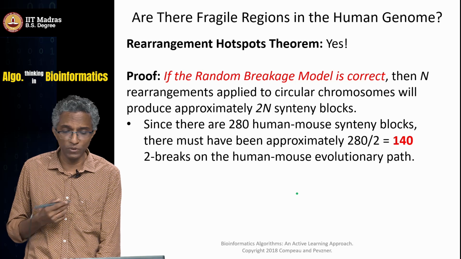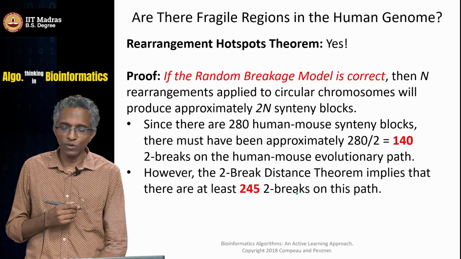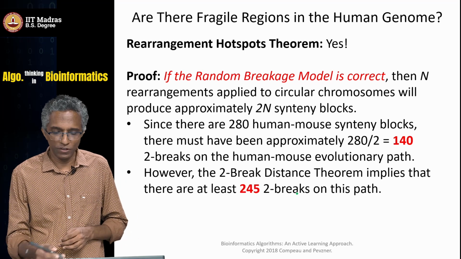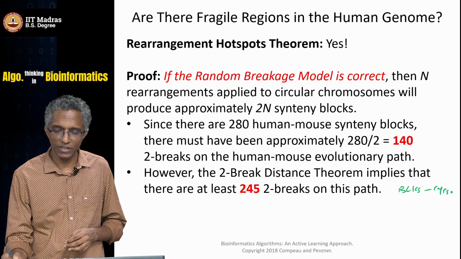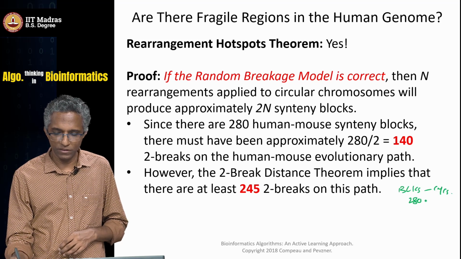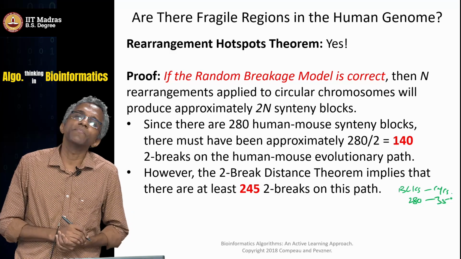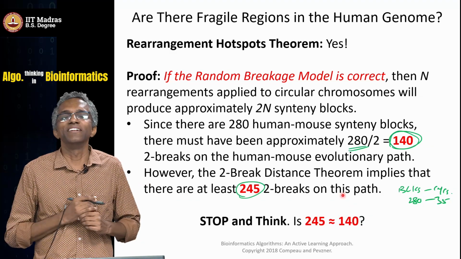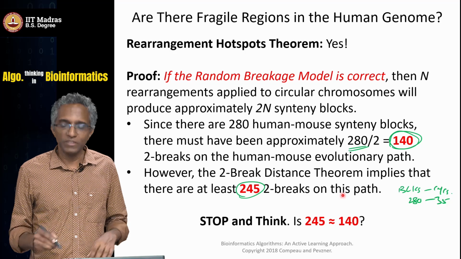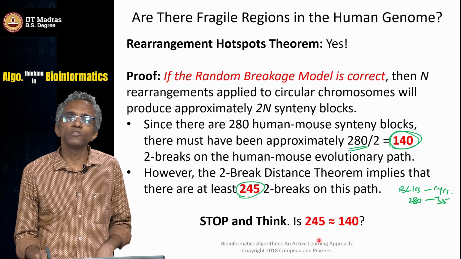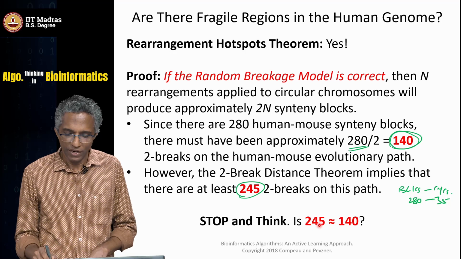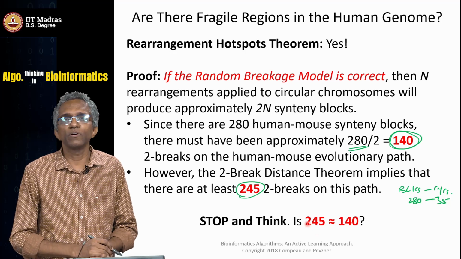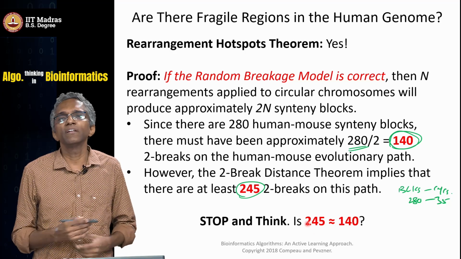But what we do get is 245 2-break paths, because this 245 is the number of blocks minus the number of cycles, which was 280 minus 35. So, we have a discrepancy: the 245 implied by the 2-break distance theorem and the 140 implied by the random breakage model. The 245 is a lower bound on the optimum, so you cannot do better than 245.